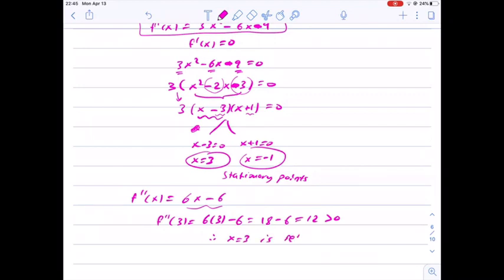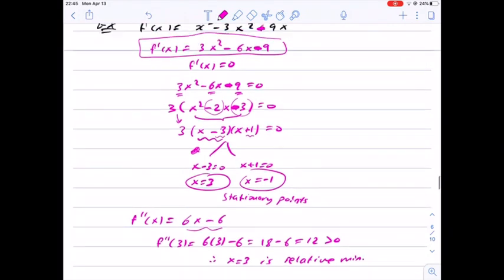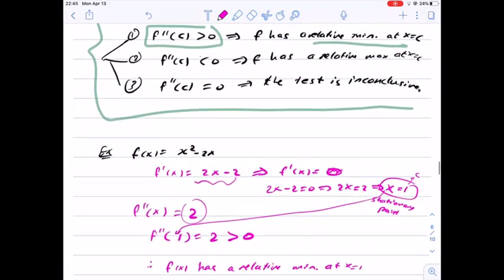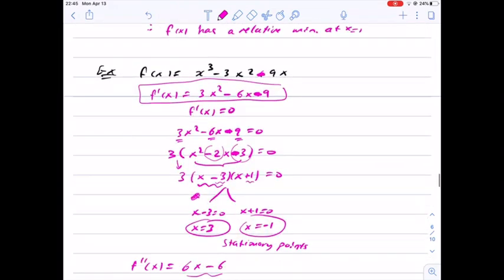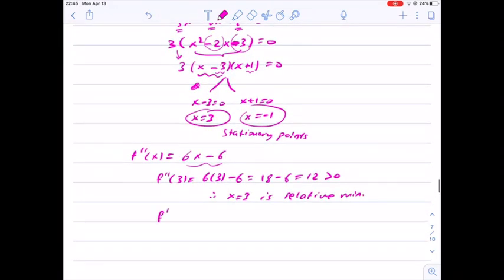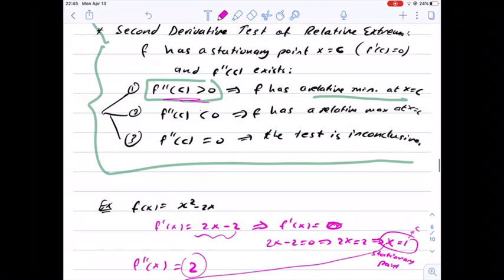That means x equals 3 is a relative minimum, because it's the first case, its derivative is greater than 0. Now let's plug the second value, negative 1. 6 times negative 1 minus 6, that's negative 6 minus 6 is equal to negative 12, less than 0. That means x equals negative 1 is a relative max. Is the second case.